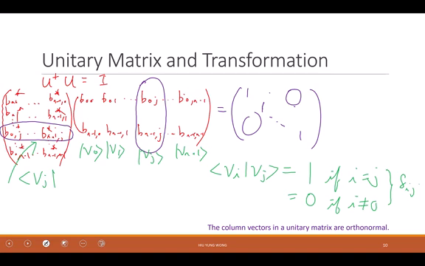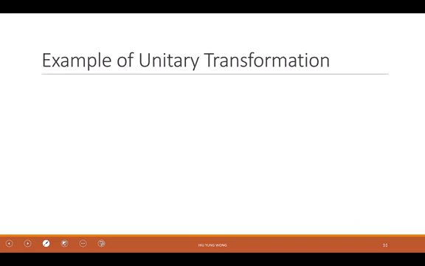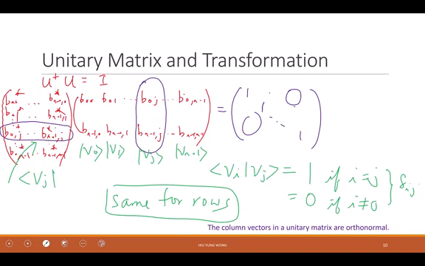Okay? And this is the same for rows. Here I'm only showing you the column. I'm saying that each column is orthonormal to the others, but the same holds if you try the rows. I will show you an example later. But is this okay?